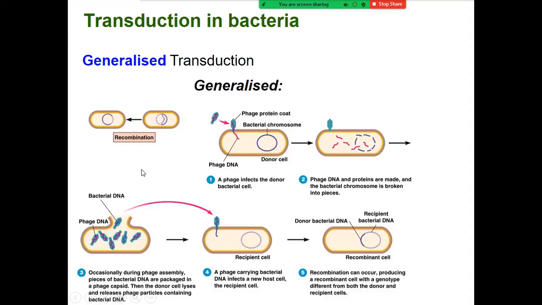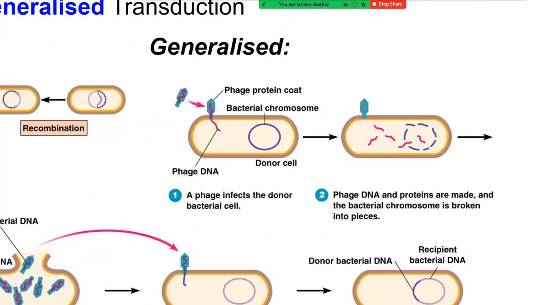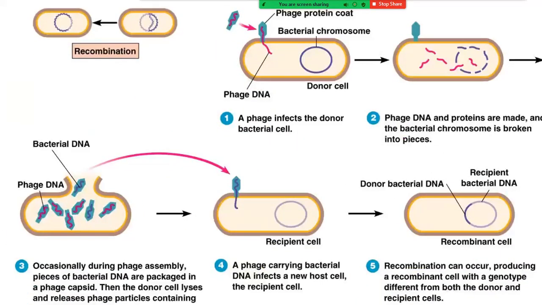But when viruses replicate, they sometimes make a mistake. Let's take a look at this virus here. You'll note that all of these viruses, these 4 here, have incorporated the viral DNA because it's a purple color, or reddish purple, I should say.